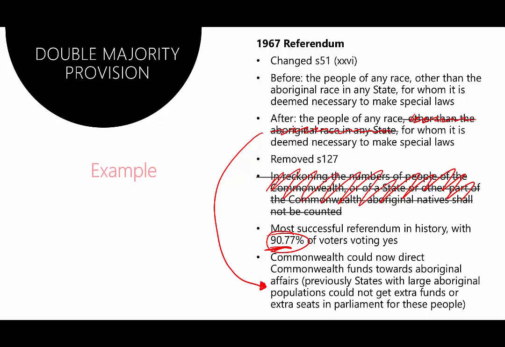Effectively what we're saying here is the Commonwealth cannot just legislate to give itself more power. The only way it can broaden its power is either through High Court interpretation, like we looked at a second ago, or more or less by getting the people to approve a constitutional change.